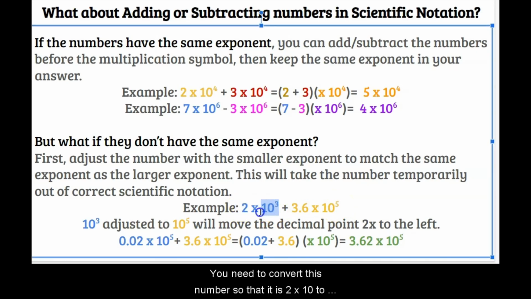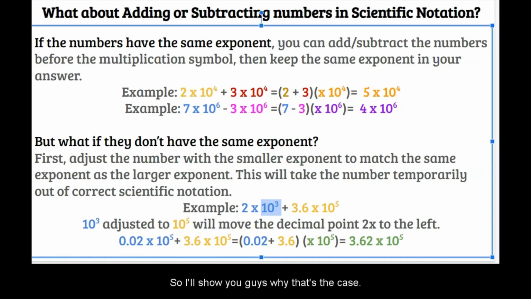And so you need to convert this number so that it is 2 times 10 to the 5, but that wouldn't be the exact same, so this will have to change if this changes. So I know that you will have to end up moving the decimal point 2 times to the left.